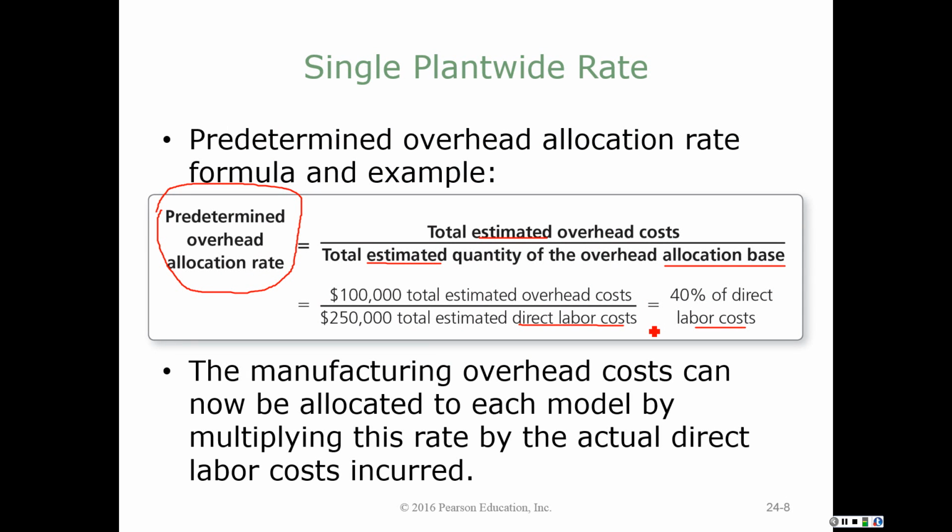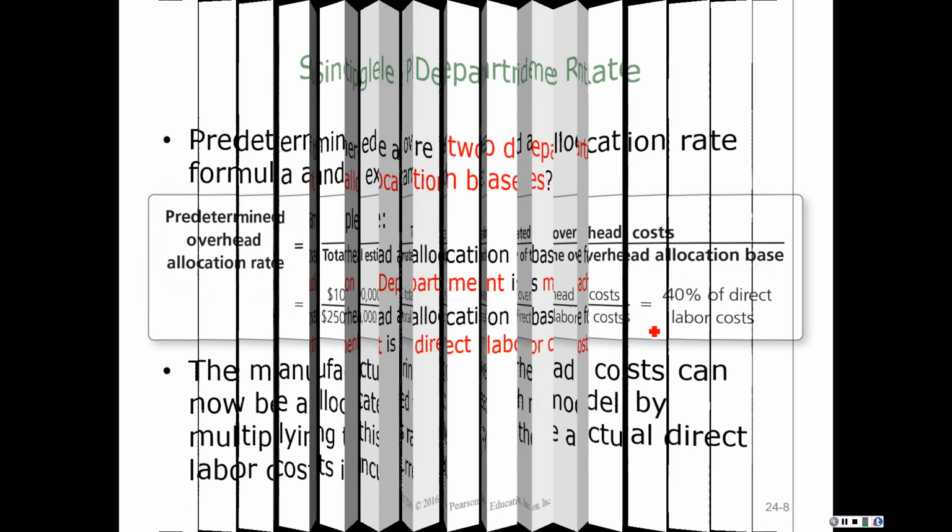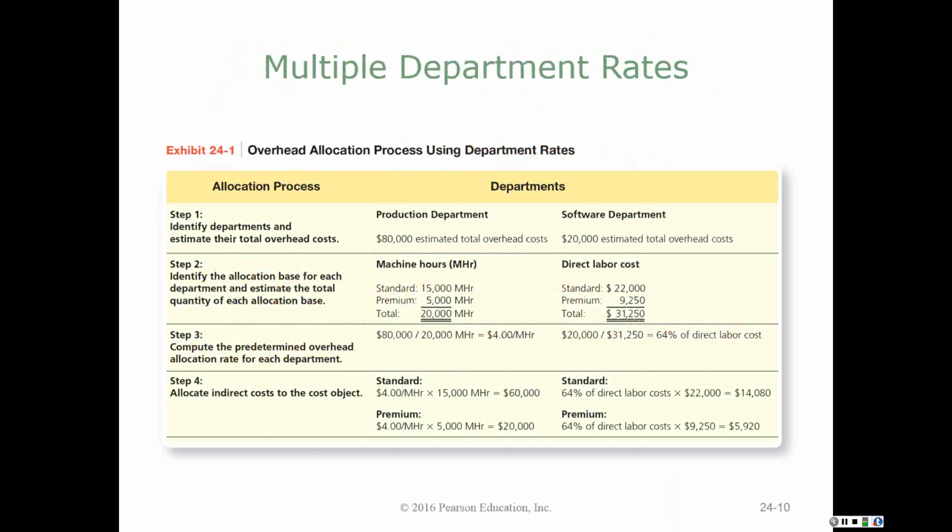I would use this 40% to allocate overhead to both the production and the software departments. But what if we could truly find what's driving the cost, and what if we could truly break our cost pool, that estimated overhead, down into 80,000 of that overhead related to the production department, 20,000 of that overhead allocated to the software department. So I can break the 100,000 down into more than one cost pool.